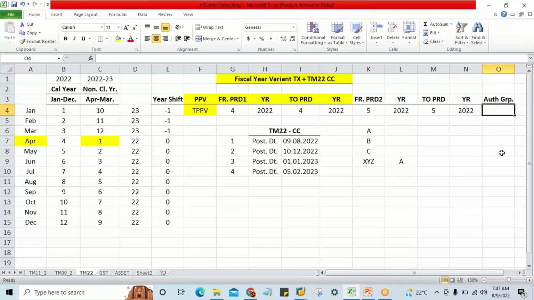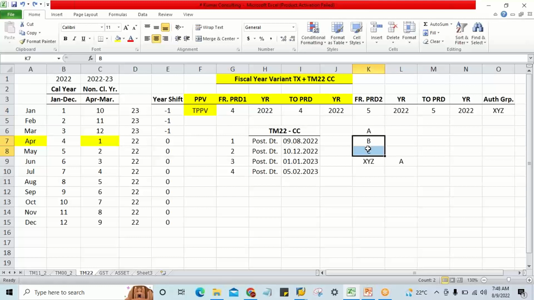If you don't give the authorization group, then what will happen, guys? In that case, the fourth period and fifth period both are for every user, right? If you have given an authorization group here, it means this is restricted for the authorization group only. So SAP is going to check which authorization group it is, XYZ. Against this authorization group, which user ID is assigned? User ID A. It means only A will be able to post the transaction into the previous period.